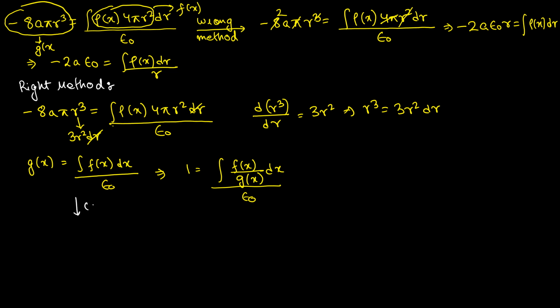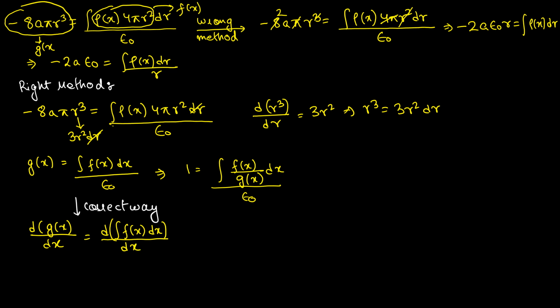The correct way: d of gx, that means I'm differentiating both the terms. d of gx with respect to x equals d of the integral of fx dx with respect to x.